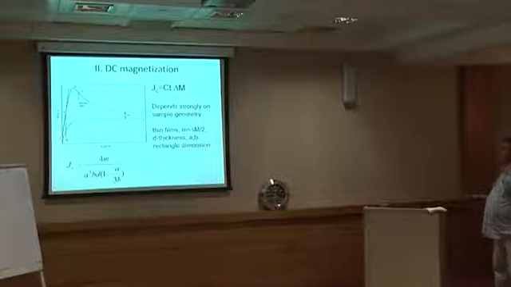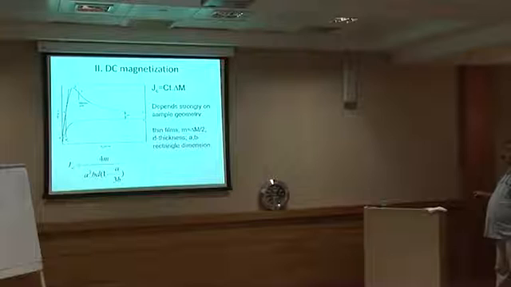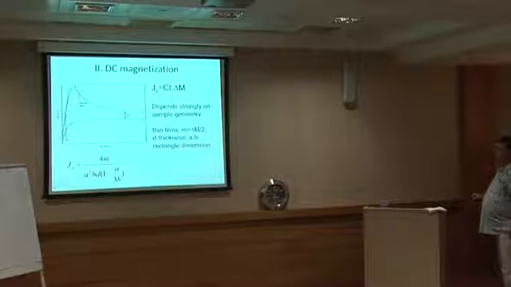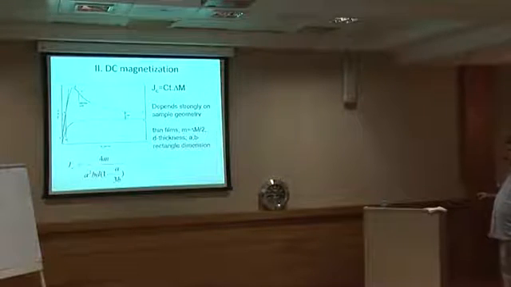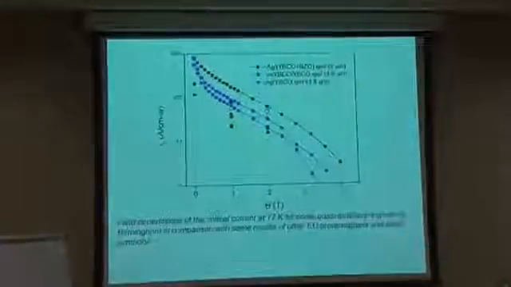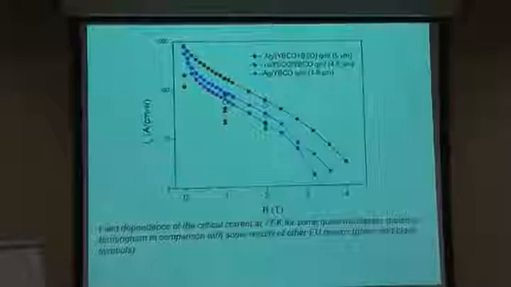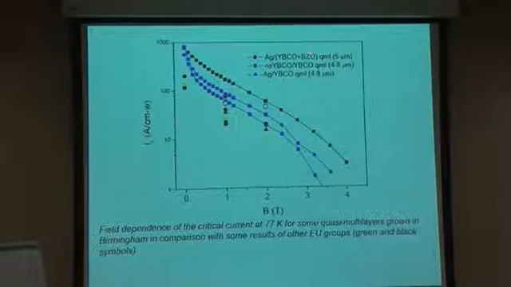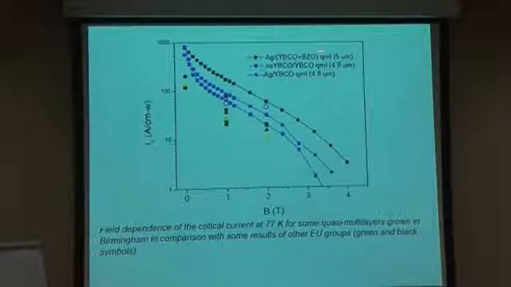Okay, what else can we do? DC magnetization. We explained yesterday how we can get JC from this equation in the case of thin films. These are some examples, and this is critical current as a function of magnetic field for some of our vast superlattice.